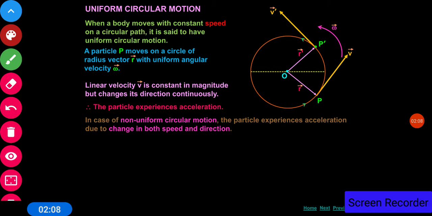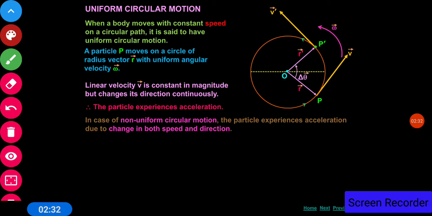Point to be noted: when it is uniform circular motion, its speed is constant and the acceleration is only because of the change in direction. But in non-uniform circular motion, both the speed and the direction are changing, so the particle will experience acceleration due to change in both.